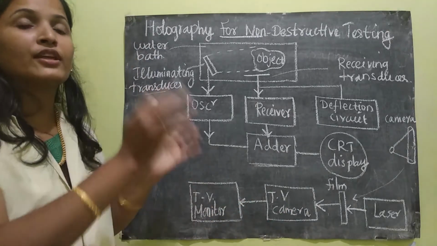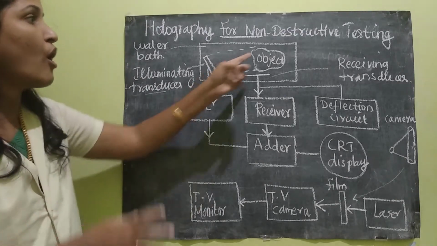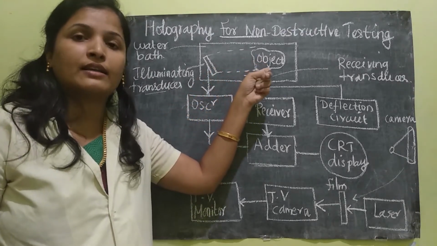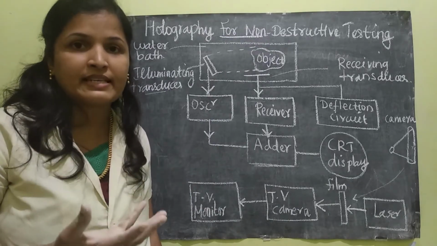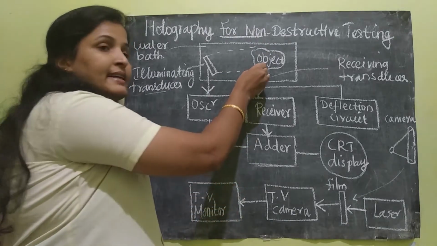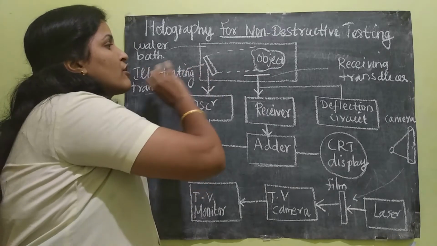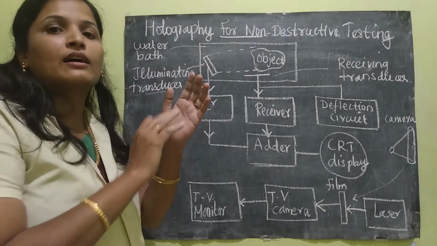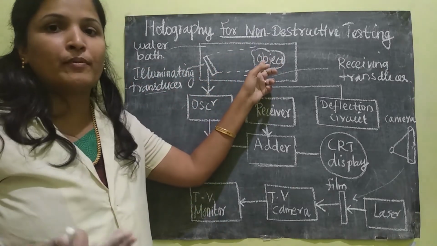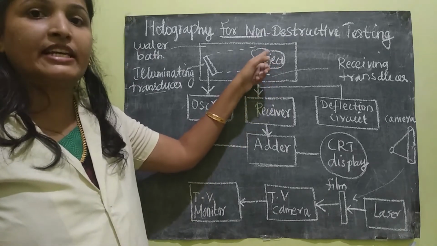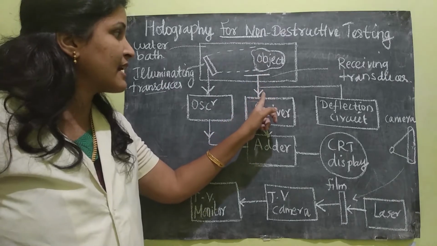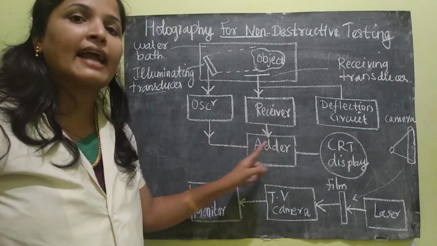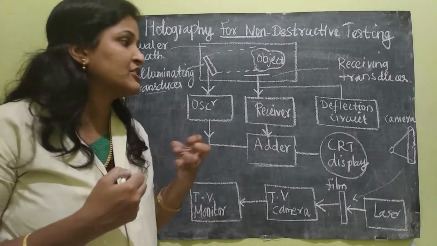On the whole, what happens is that if the object has some stress or any other deformities, it will be detected, because the ultrasonic waves, after the vibrations, if there is any deformity in this object, will be collected by this transducer and given to the adder, and an interference pattern will be generated.